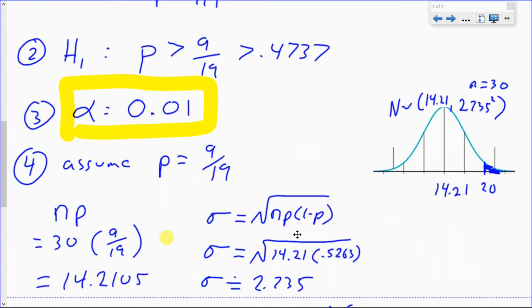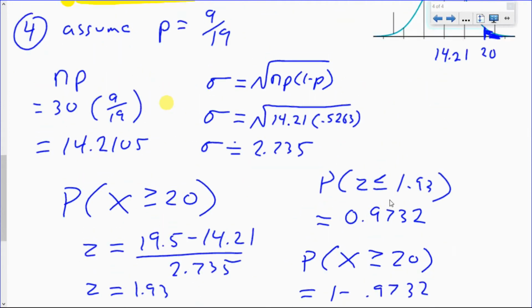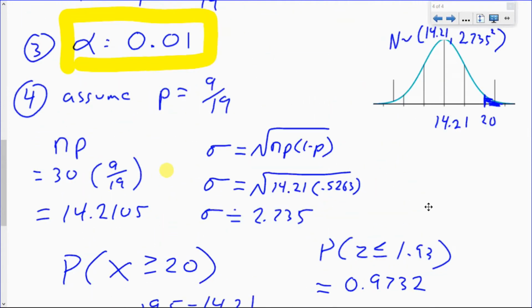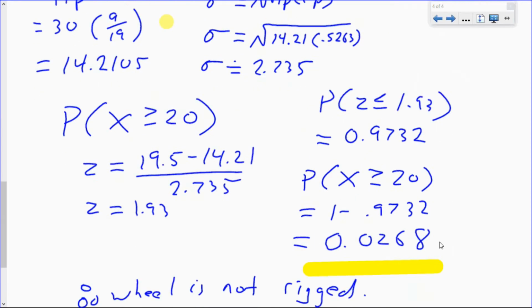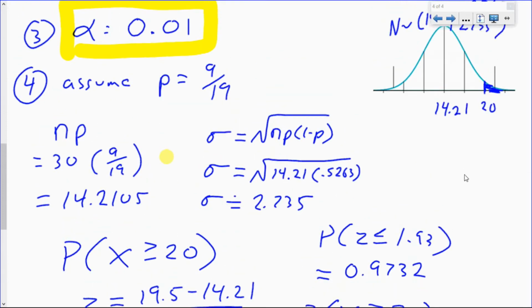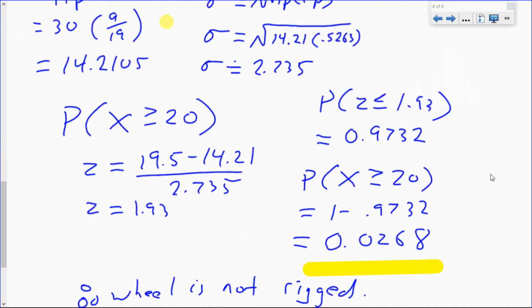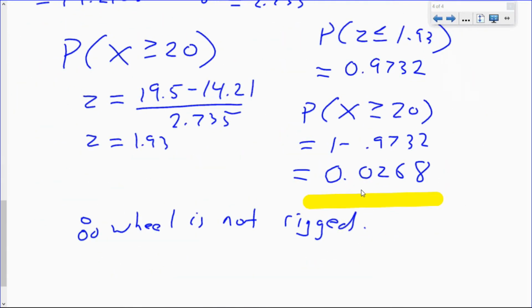Because to be honest, what this result means is, look, if you continually spun a wheel 30 times, you would find that out of those sets of 30, almost 3% of the time you would have 20 or more red numbers. Well, that wheel is spun, I don't know how many times in a day. So you're going to see this happen. So I think that's why the significance level should be pretty high here.